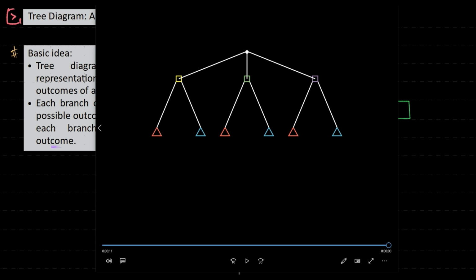If it chooses yellow, in time it has the possibility of choosing this triangle or this triangle, resulting in a yellow square and a red triangle pattern, or a yellow square and a blue triangle in it. So that's the pattern it chooses if it goes like this or like this. If you further continue, there are different possibilities, right? Each of these branches talks about different possibilities. That's what we're looking at.